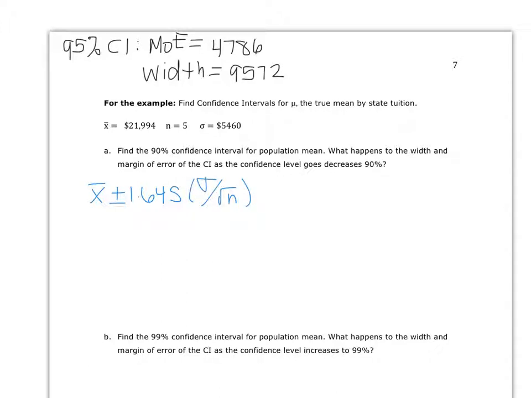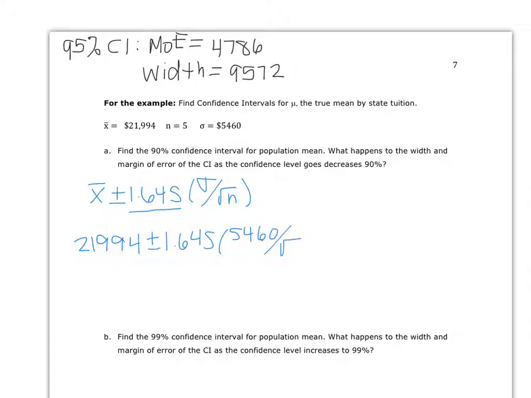Okay, we could probably already guess what happens to the margin of error and the width because we're using this value instead of 1.96. Let's go ahead and plug values in. 21,994 goes in there for x bar, and then plus or minus 1.645 times same standard deviation, same sample size.